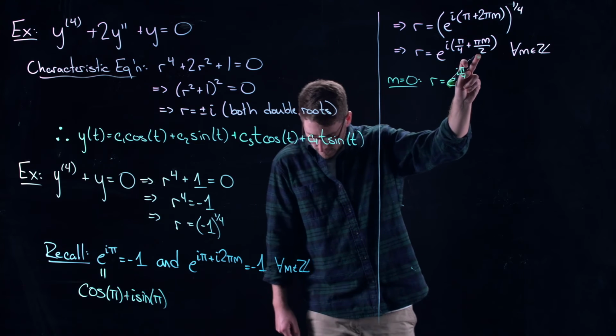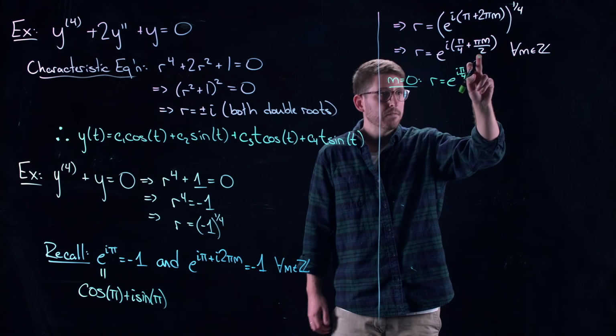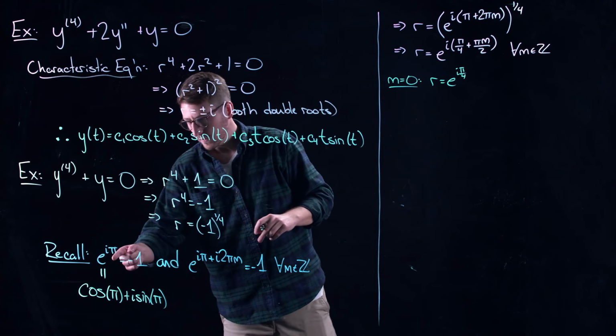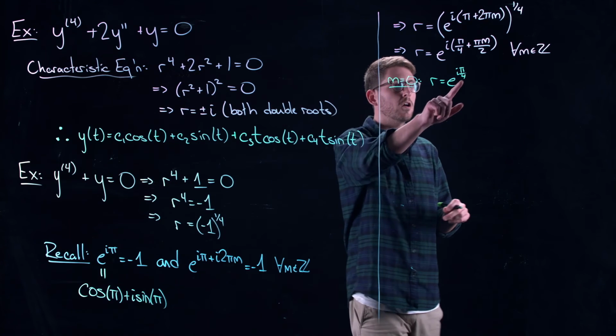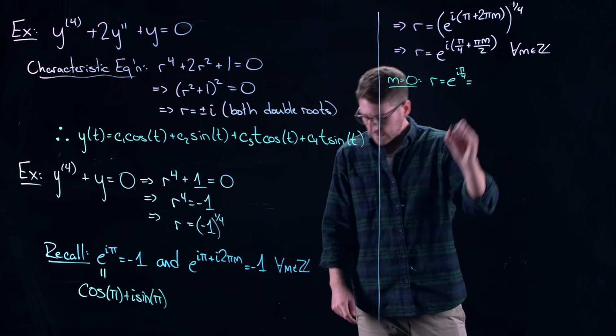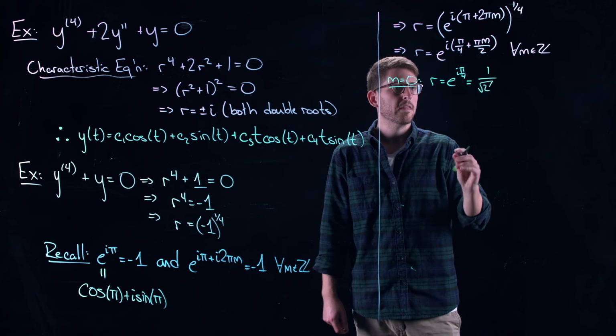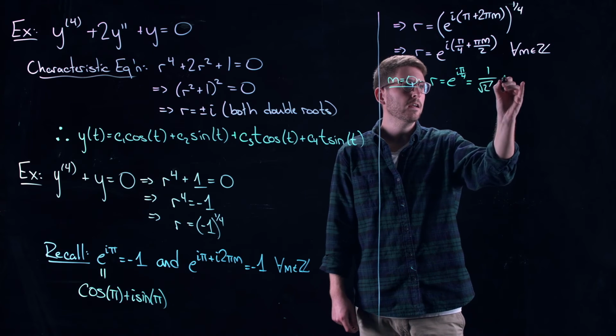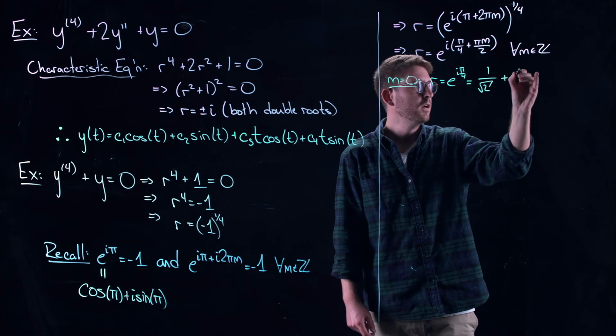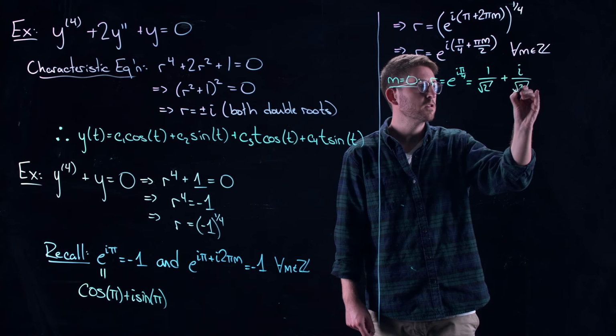This term disappears. And if you want to, you can put this into the cosine and sines. So this is cos of pi over 4, which is equal to 1 over the square root of 2, and then plus i sine of pi over 4, which is again equal to 1 over the square root of 2.